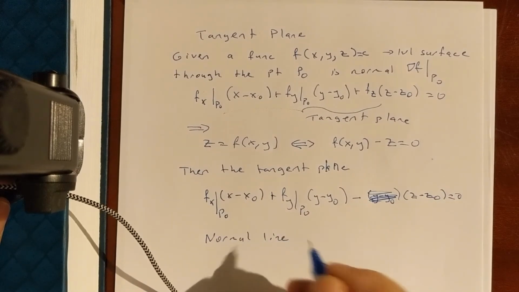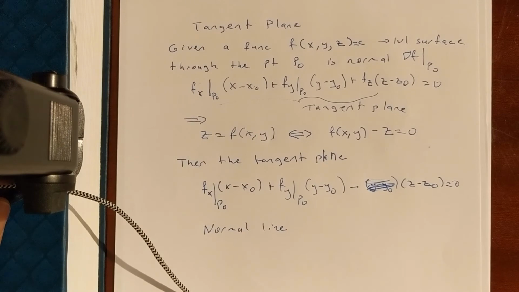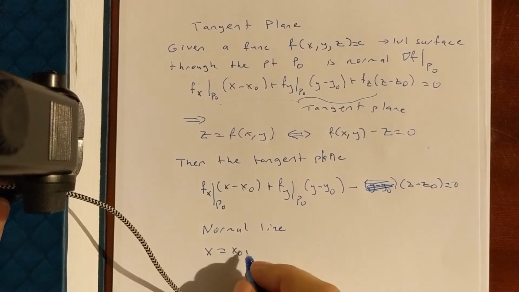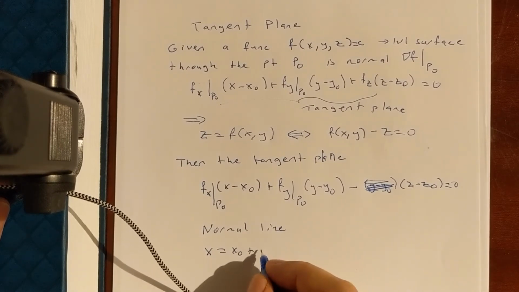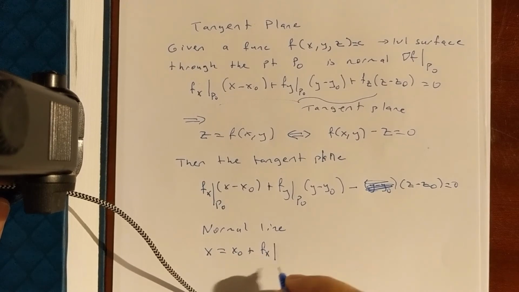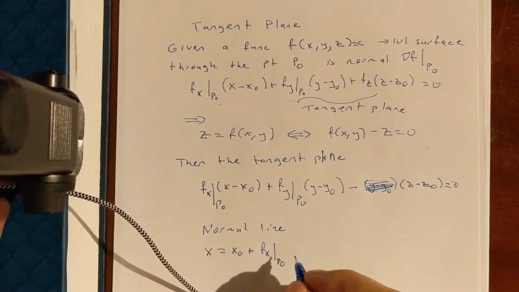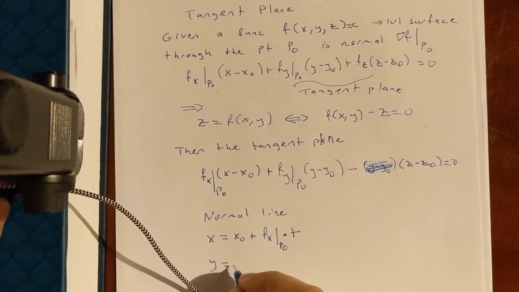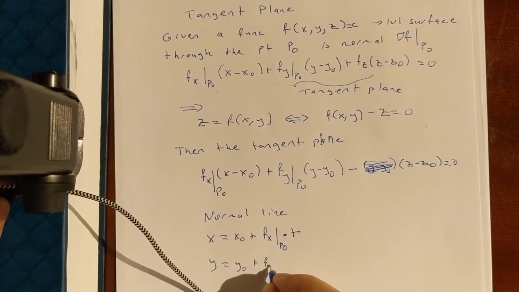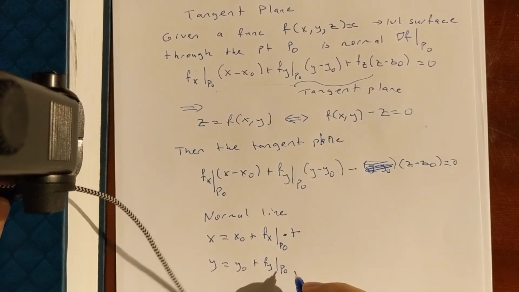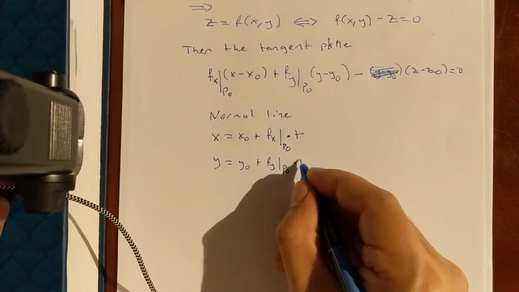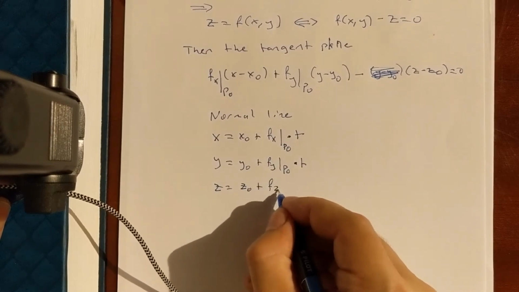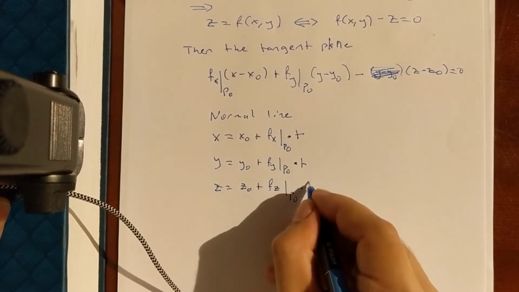Now, figuring out the normal line is very easy. The normal line is going to be in the direction of, of course, the gradient. It's going to start from P naught because it's normal, going through that point, and so we parameterize it. How are you parameterizing it? The x component is x naught plus the x component of the gradient times t, the y component is y naught plus f sub y evaluated at P naught times t, and the z component is z naught plus f sub z evaluated at P naught times t.